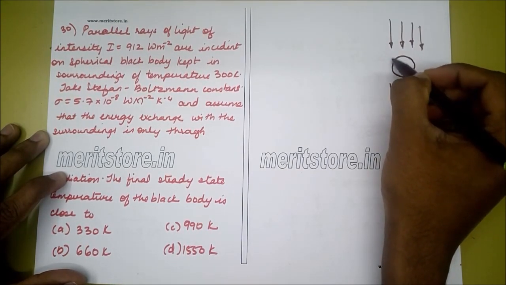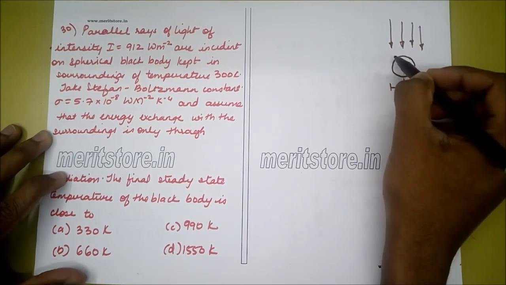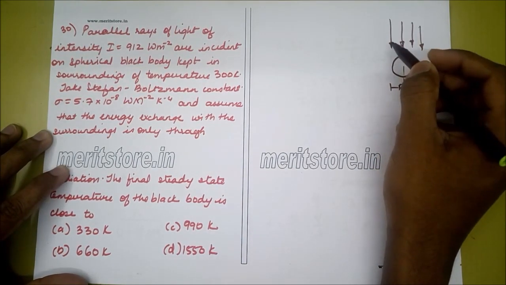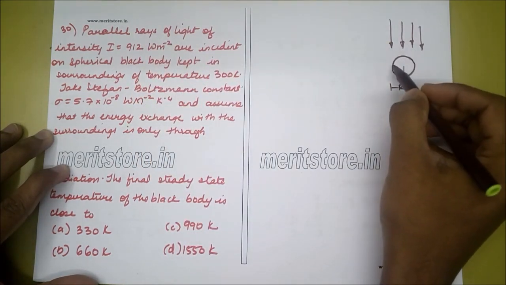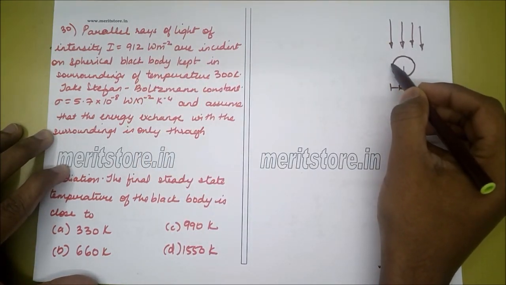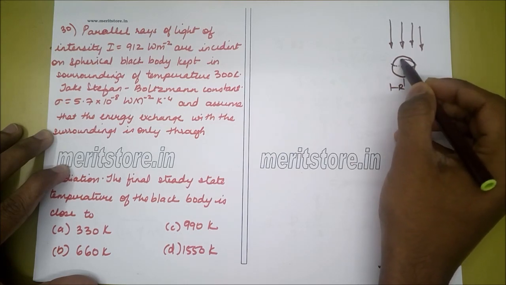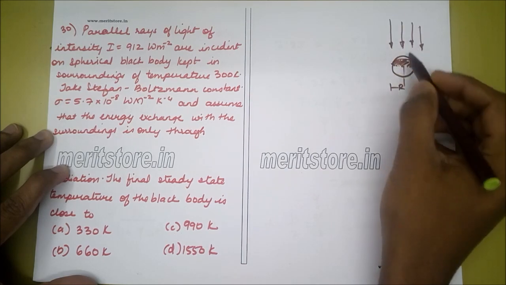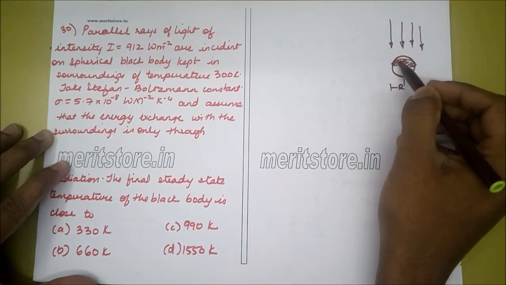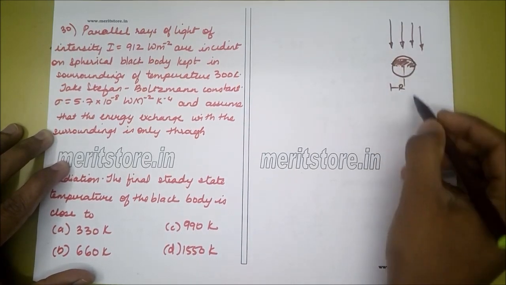So the amount of light that is incident on this sphere would be equal to the cross section that is normal to these rays of light.